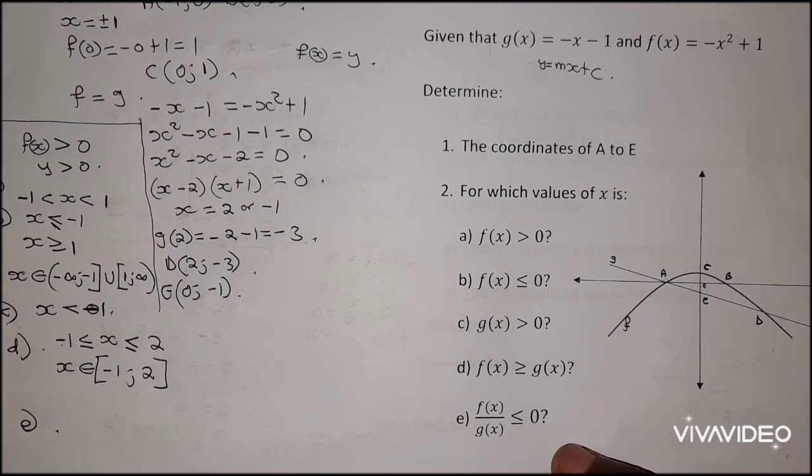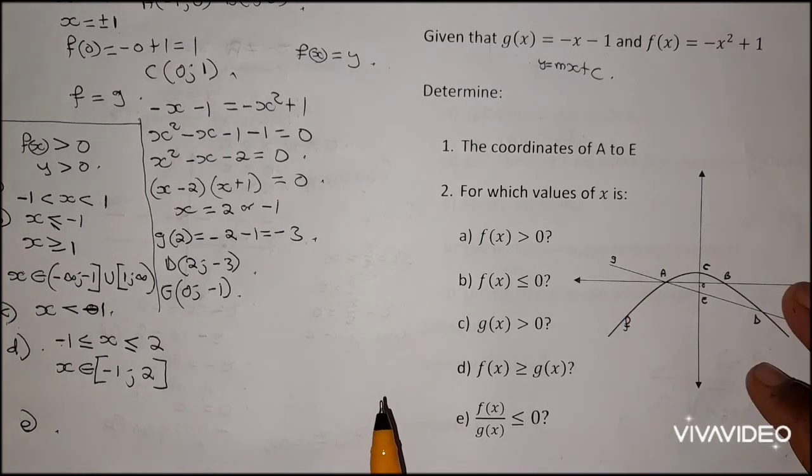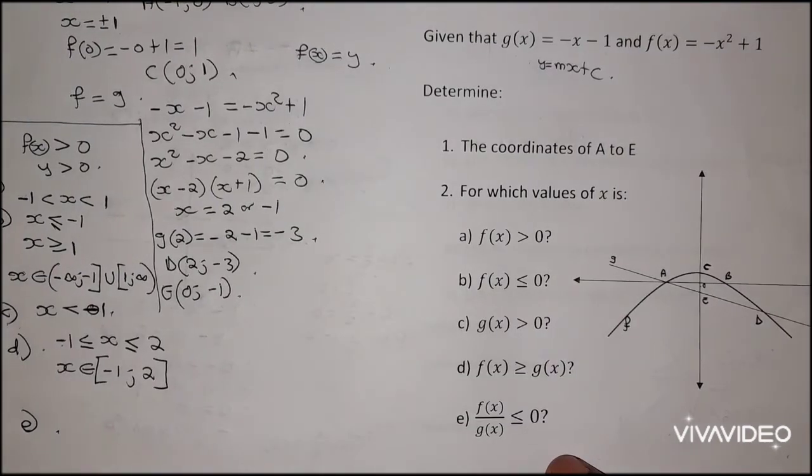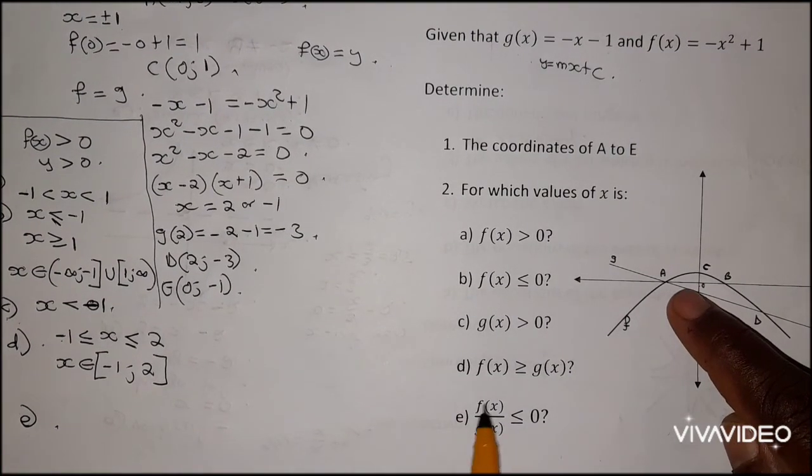And when you divide two numbers and you get a negative number, it means one of the two is negative, right? So we want the parts of this where one is positive and the other one is negative, right? For this to be negative, it means either f of x is negative or g of x is negative.